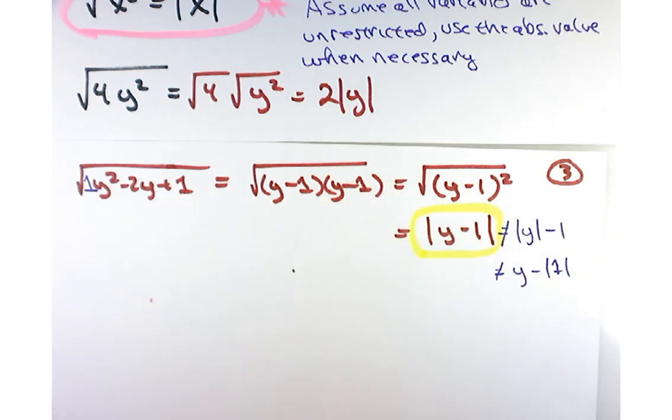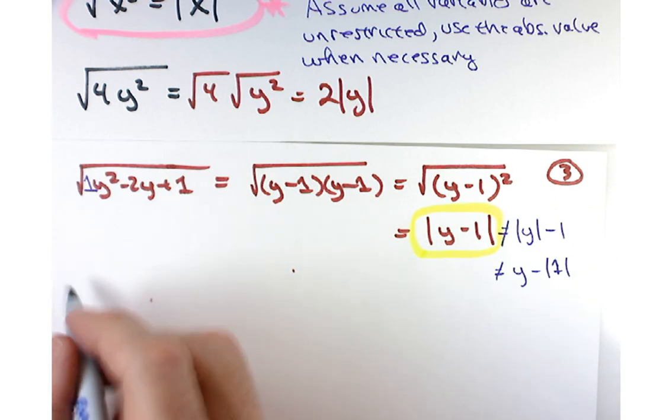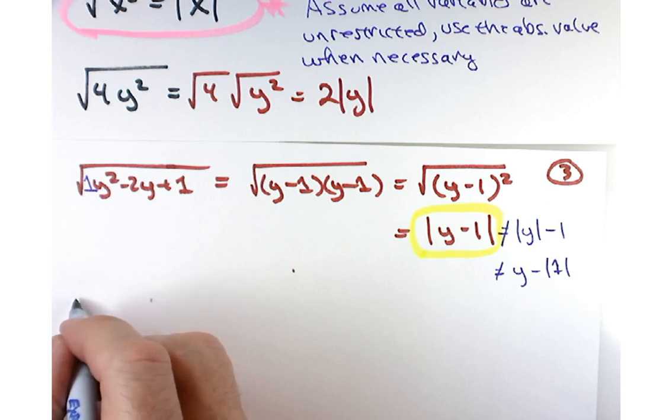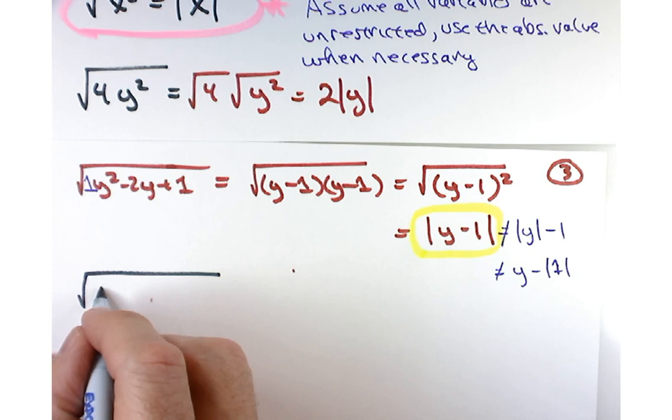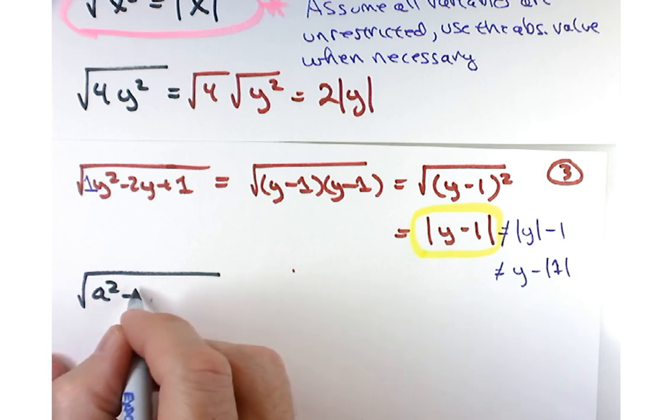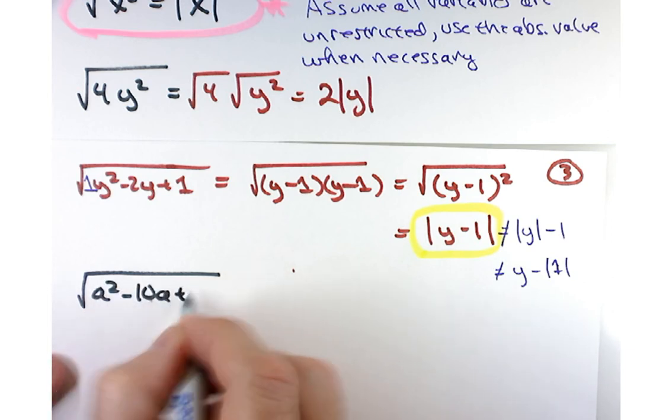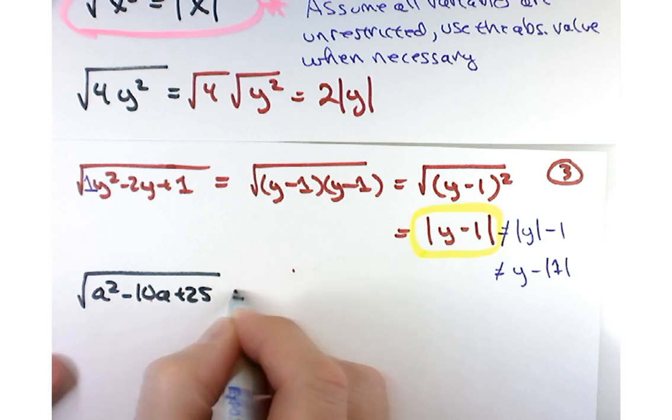So, all right, thanks, gentlemen. Why don't you try a similar one? Let's see. Let's do a squared minus 10a plus 25.